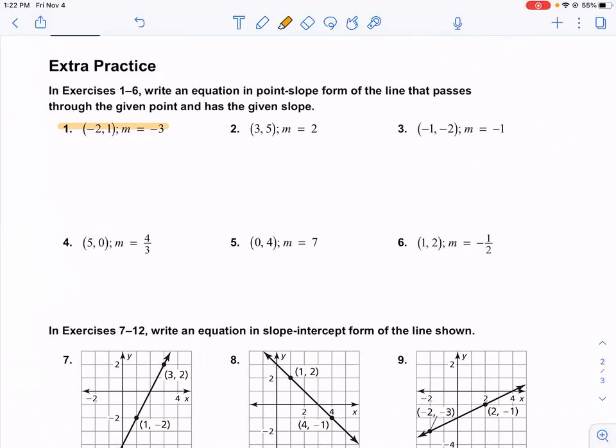Just write point slope form, number 1. Just point slope form.